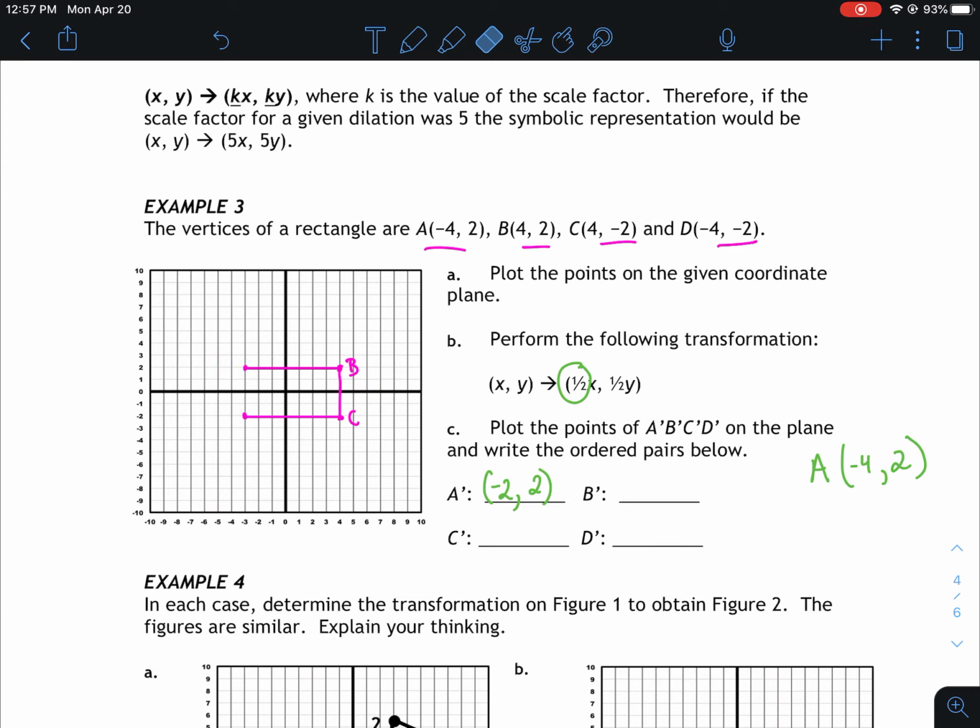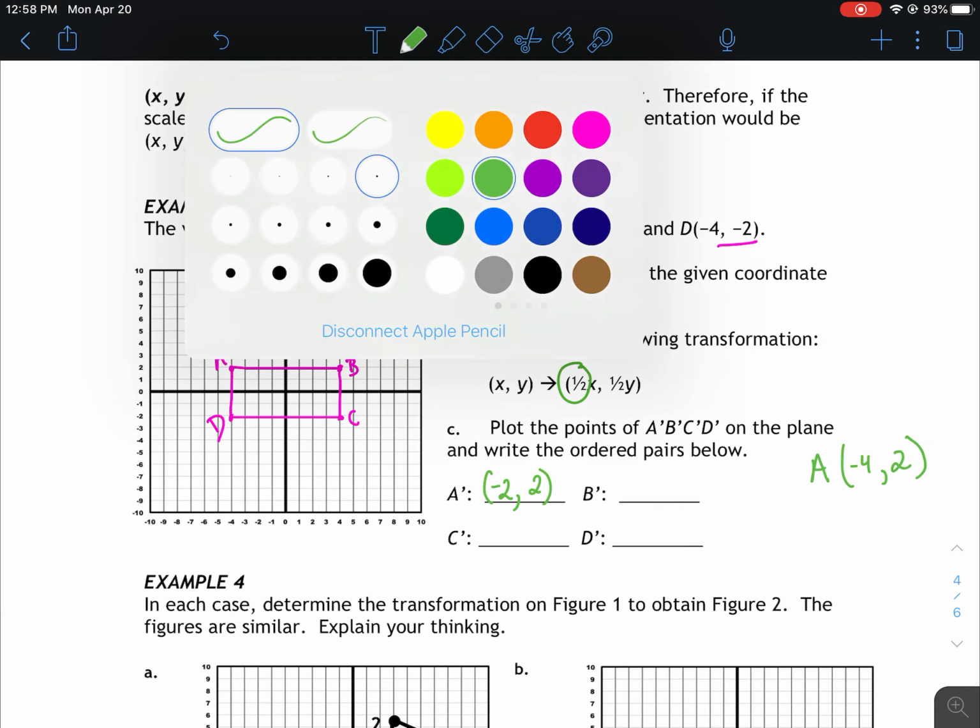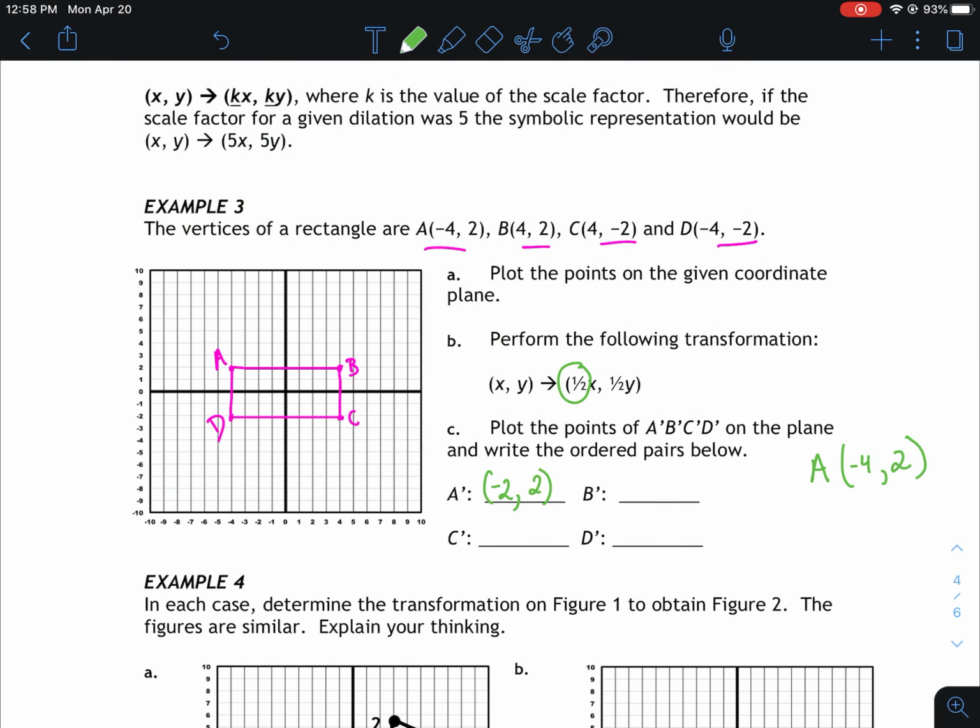I just realized that my A and my D are at 3 instead of 4. It should be 4, 2, and 4, -2. There we go. Sorry about that. So -2 left, and then up 2. So that is going to be right here.